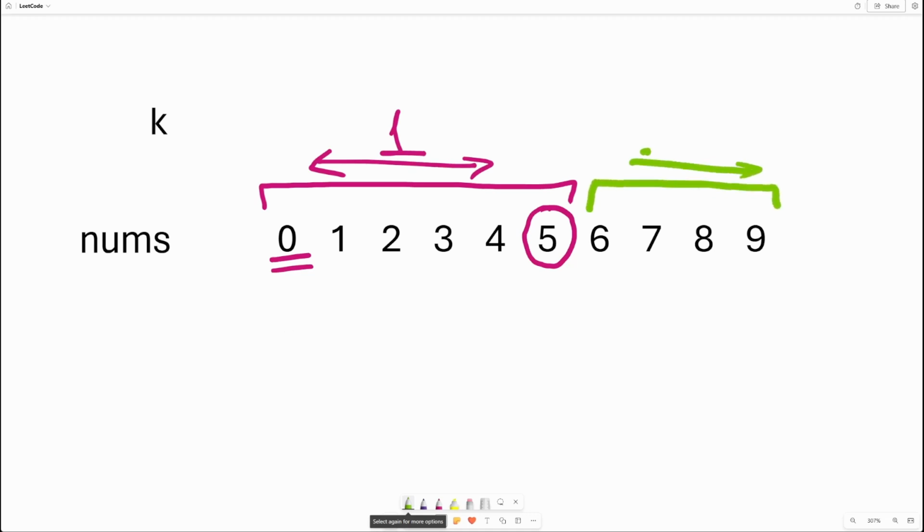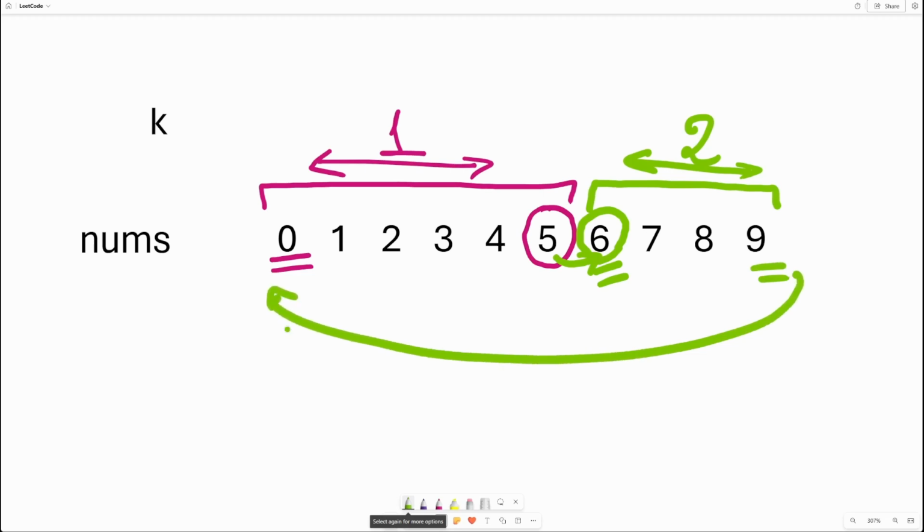Also, consider this element right here. Now, 6 directly follows 5. And if you think where 6 should finally end up after everything is completed, because 6 follows 5, and 5 is eventually going to be at the end, obviously 6 is going to be in the beginning.